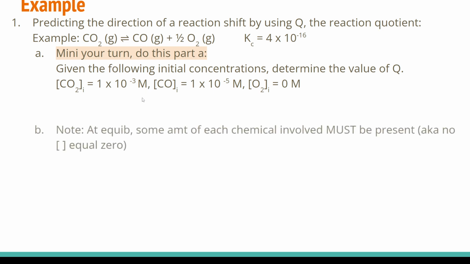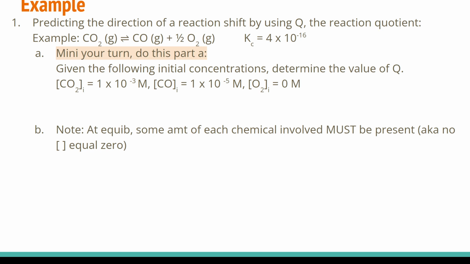That's the initial concentrations, because that's what it says here. Okay? And so, as a reminder, for equilibrium, you need everything in some amount. So you need a little bit of everybody in some kind of capacity. So there is nothing that can have a concentration that is 0. So this O2, for example, was 0.